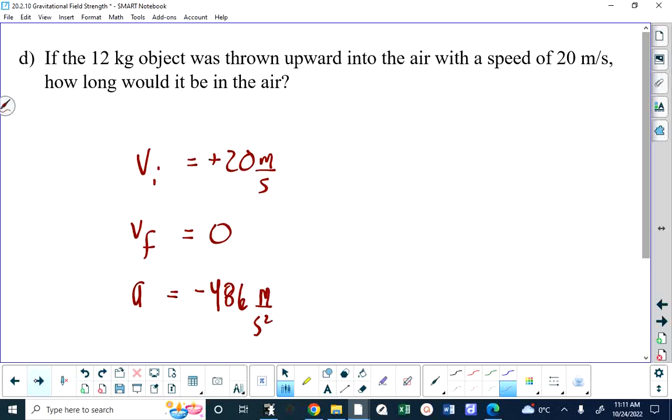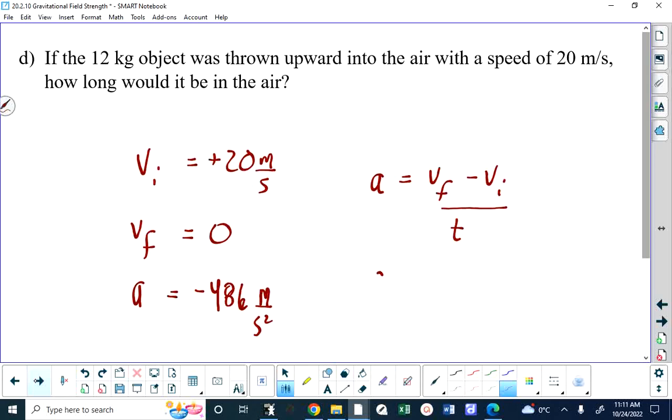I guess we can use A equals VF minus VI over T. Now that you have all had more experience with physics and kinematics, I hope you're okay with me not including vector symbols here. We know the directions are important. I'm just not writing them.